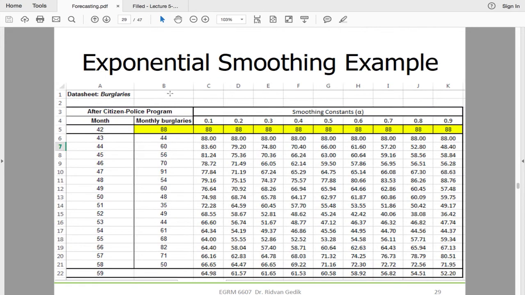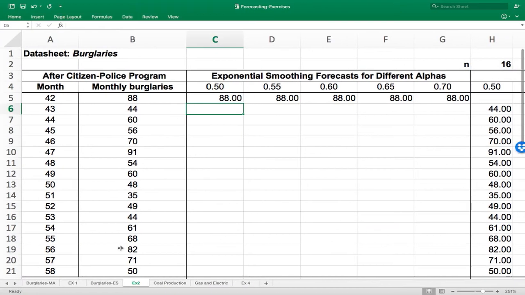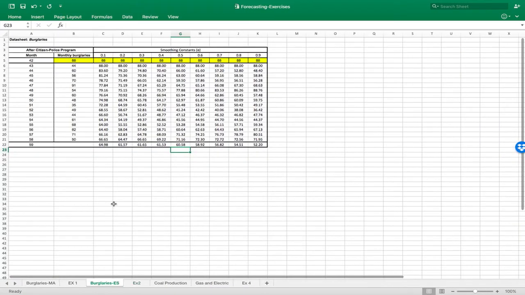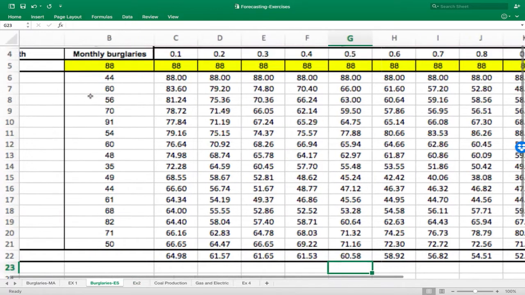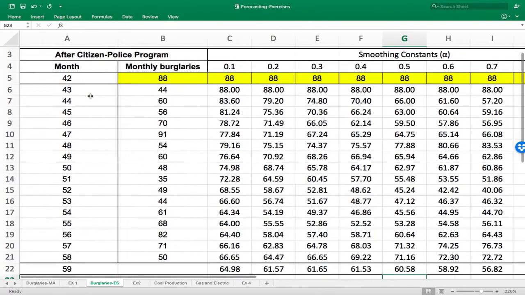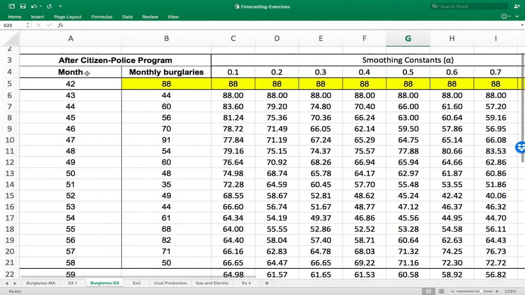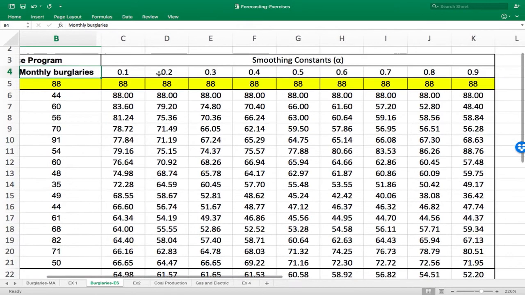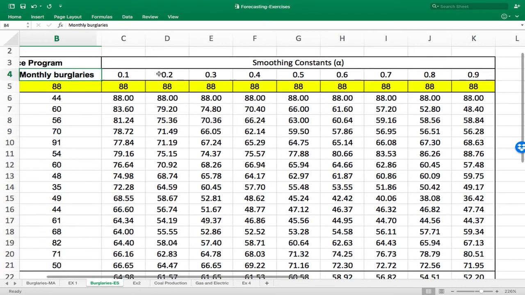Here, for the monthly burglaries data, we also did some exponential smoothing analysis. If you remember, for each specific month we have the monthly burglaries data. What's important is how to start exponential smoothing.